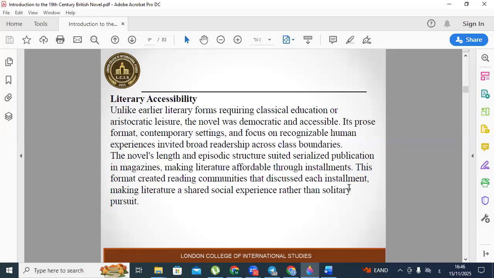The novel's length and episodic structure suited serialized publication in magazines, making literature affordable through installments. This format created reading communities that discussed each installment, making literature a shared social experience rather than a solitary pursuit.